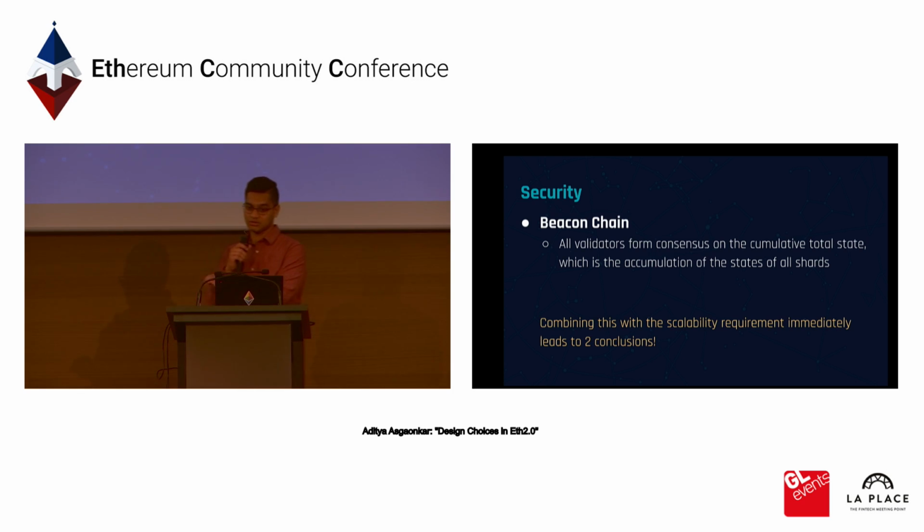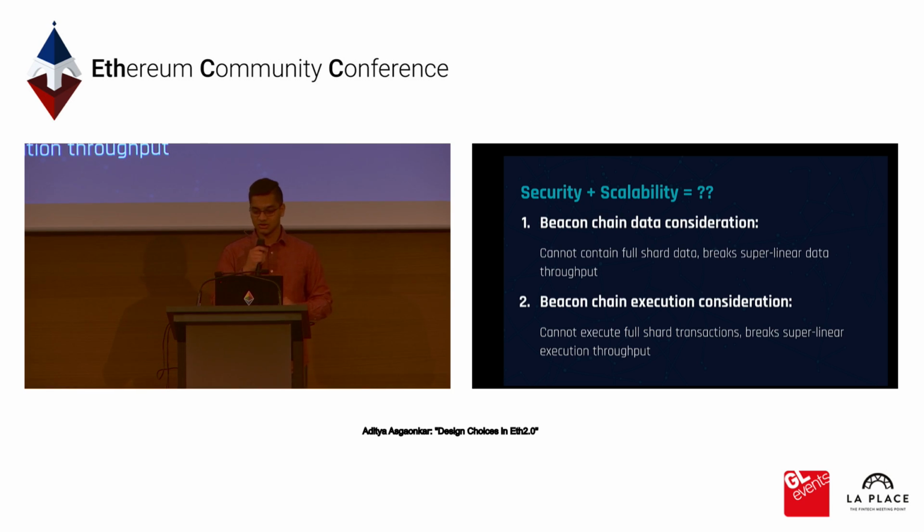And if you combine how the beacon chain works with the scalability requirement of superlinearity, this immediately leads to two conclusions. The first is the data consideration. The beacon chain can't contain the entire data of the system, because if it does, and everyone is validating the beacon chain, then each node in the system is going to contain the entire data of the system, which breaks the superlinear data throughput that we want.